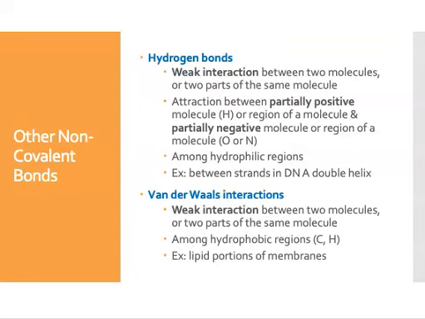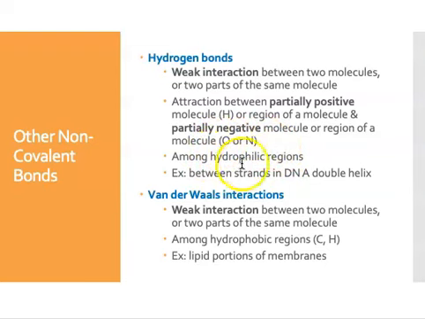Hydrogen bonds will form between partially positive parts of a molecule and partially negative parts of a molecule. In other words, hydrogen bonds form between polar things. Another term we can use when we talk about hydrogen bonding is this term, hydrophilic.